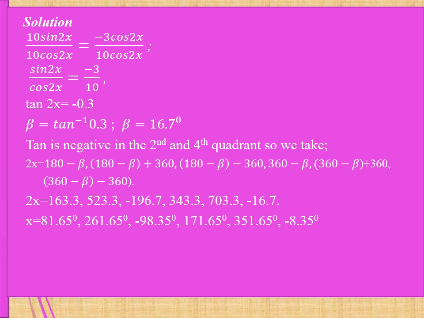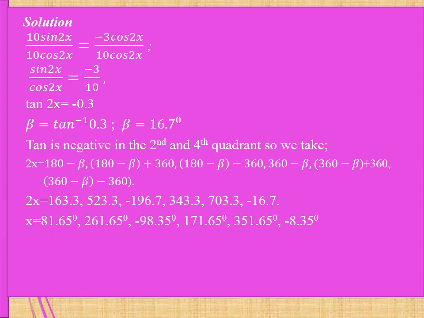When we replace beta with 16.7, we are going to get 2x is 163.3, 523.3, negative 196.7, 343.3, 703.3, and negative 16.7.